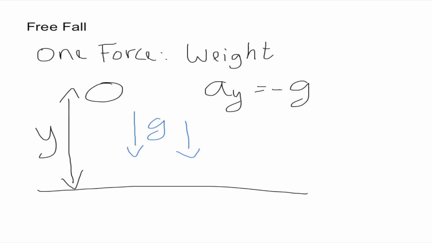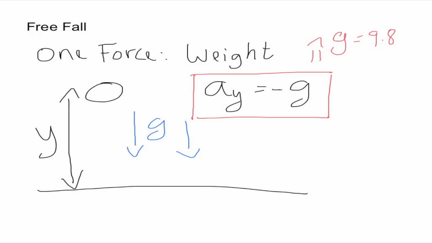So anything that had acceleration is going to be changed into negative gravity, out of which g is 9.8 meters per second squared.